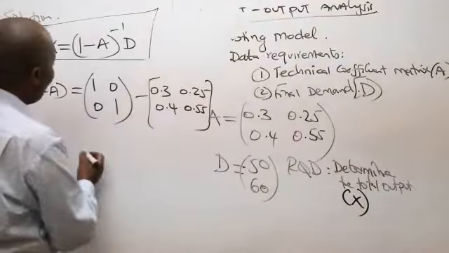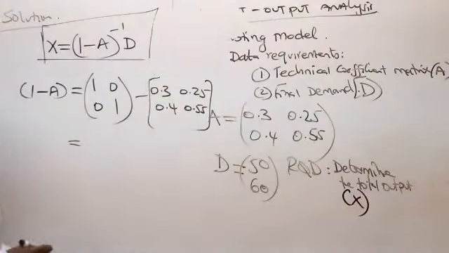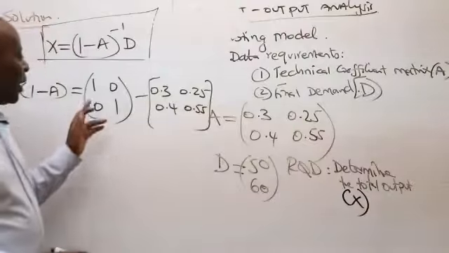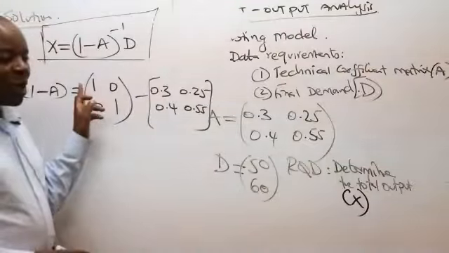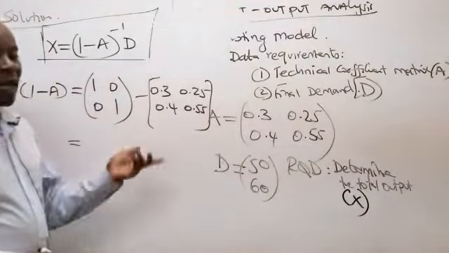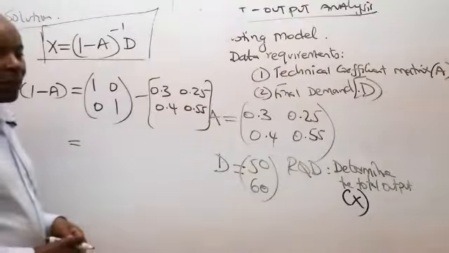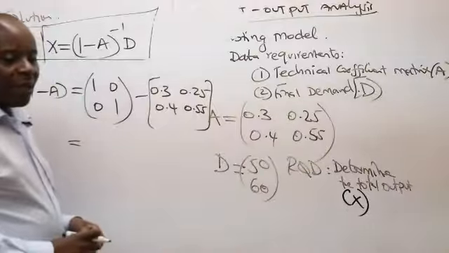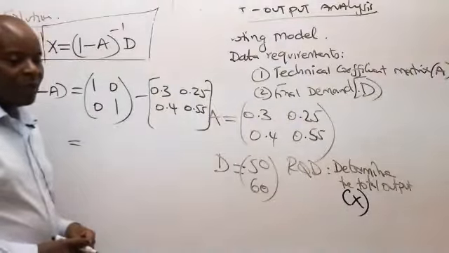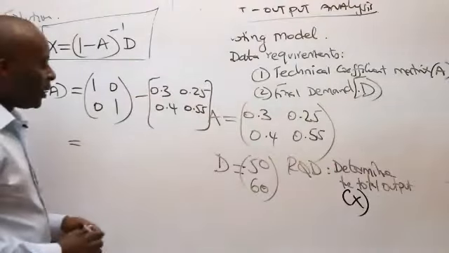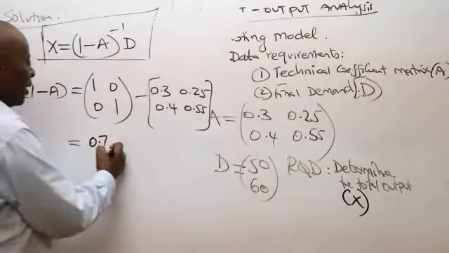From there, please go ahead and do the subtractions for me. Remember, in subtraction, you always take corresponding elements. So 1 minus 0.3 gives me 0.7. The first one is 0.7.